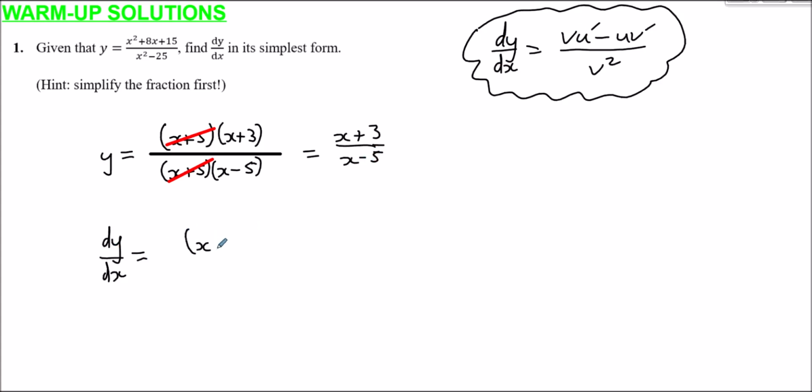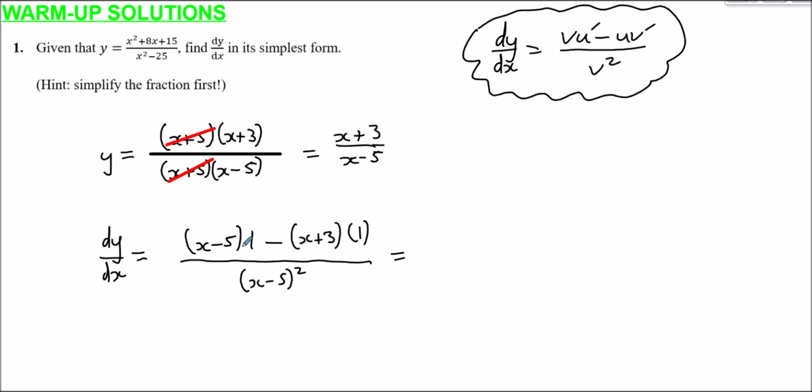So we've got x minus 5 multiplied by u dashed for the derivative of the numerator. The derivative of x plus 3 is just 1. Then minus u, which is the numerator, x plus 3, multiplied by v dashed, and again the derivative of x minus 5 is also just 1. And that's all going to be divided by v squared, which will be x minus 5 all squared.